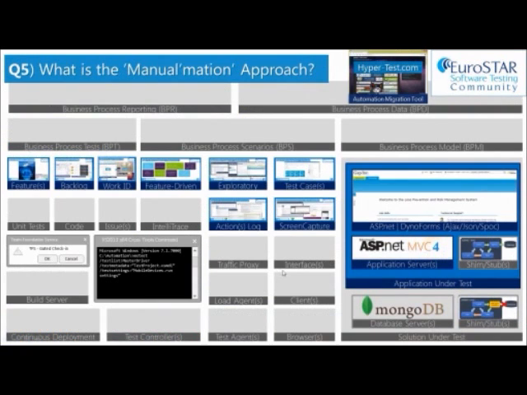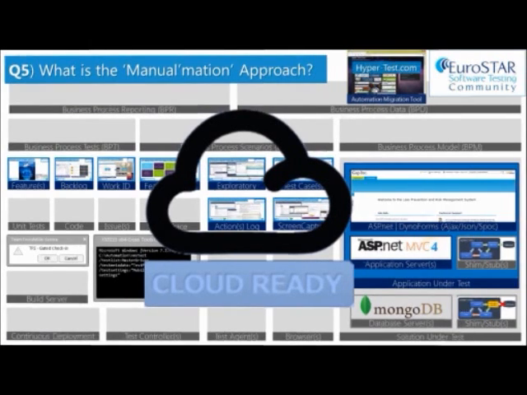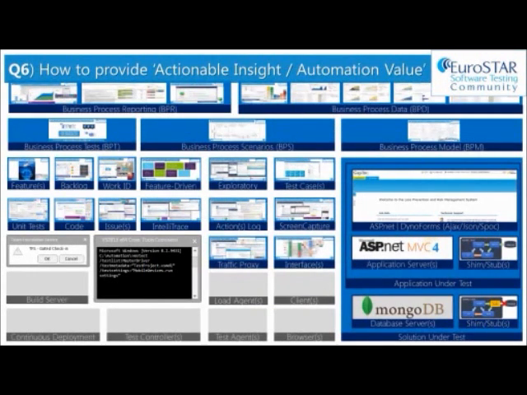Okay, and so that's the Manimation approach. The next one, again, they're all cloud-based, is being able to provide useful information out of that. So not only do you provide screen captures and action logs, which give you what I call actionable insights, so being able to reproduce those issues and see what's coming out of that, there are other features built in as well, such as IntelliTrace.